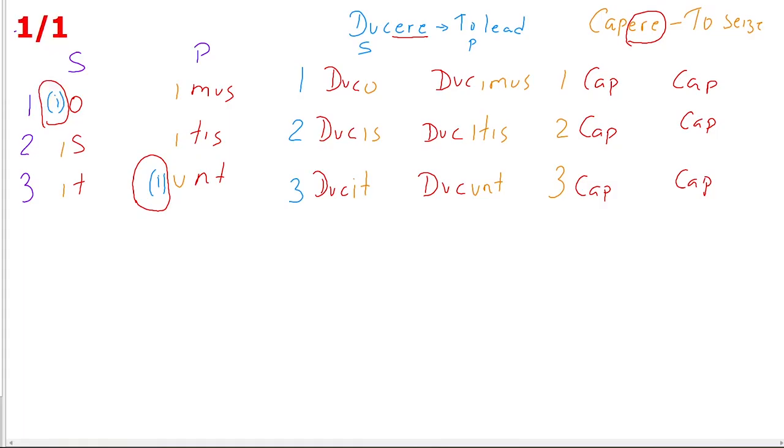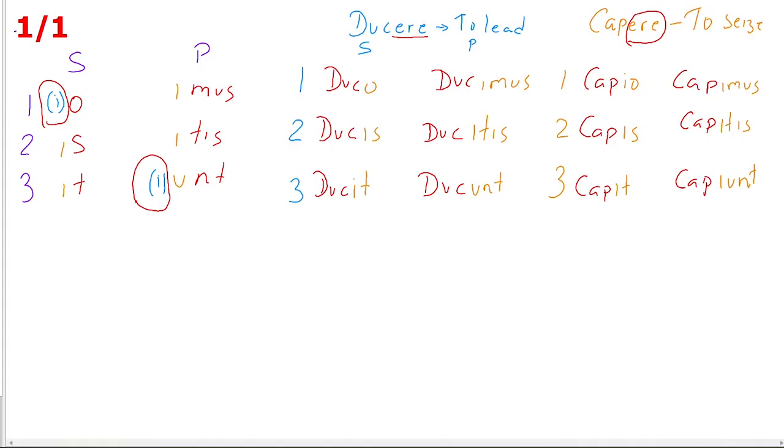So let's put the endings. So I seize would be capio, you seize would be capis, he, she, it seizes would be capit, we seize would be capimus, you all seize would be capitis, and they seize would be capiunt.